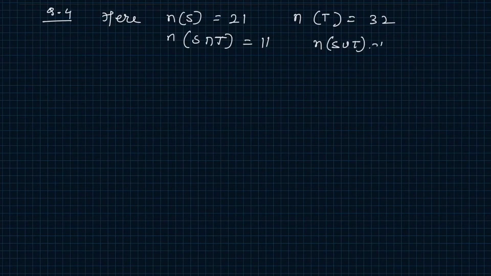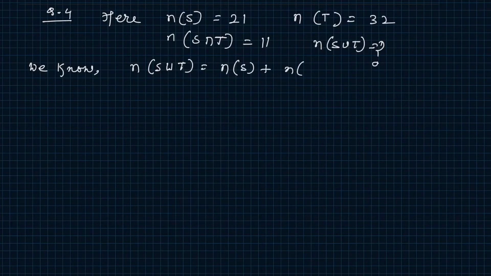It's very simple. We know that the number of elements in S union T is given by the number of elements in set S plus the number of elements in set T minus the number of elements in S intersection T. So now let's put those values in this formula.